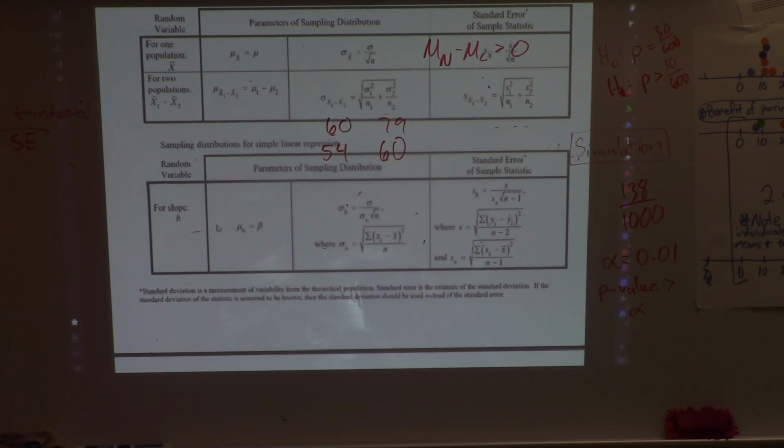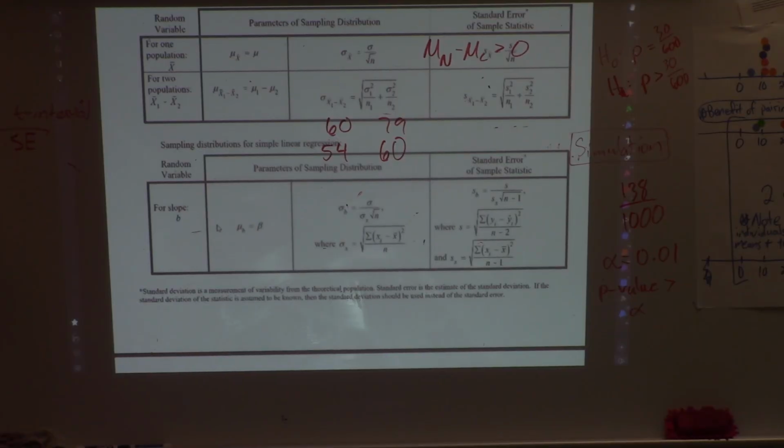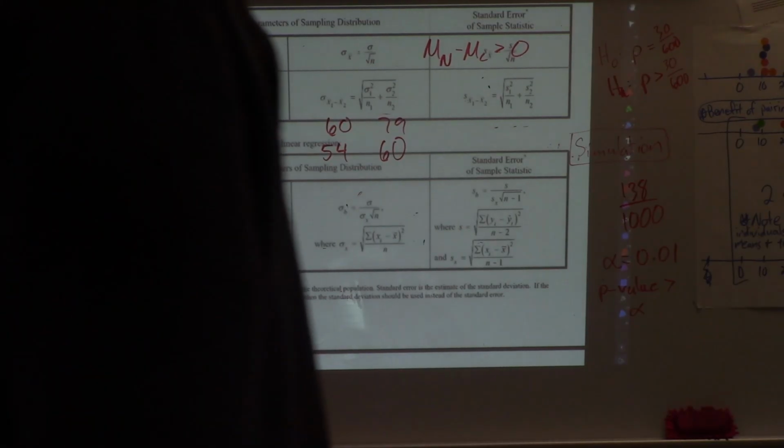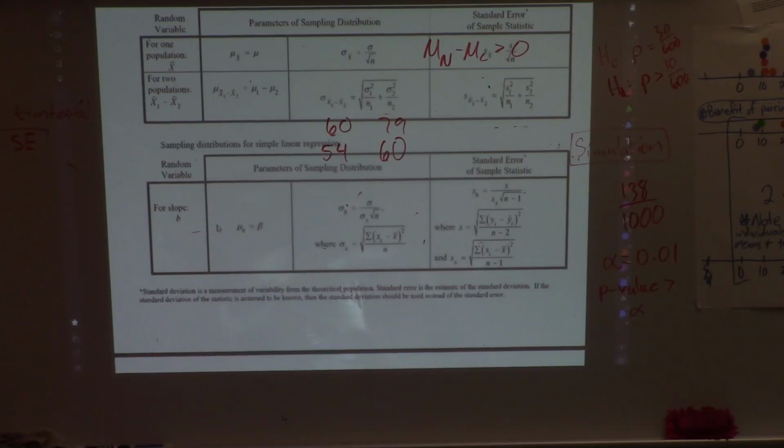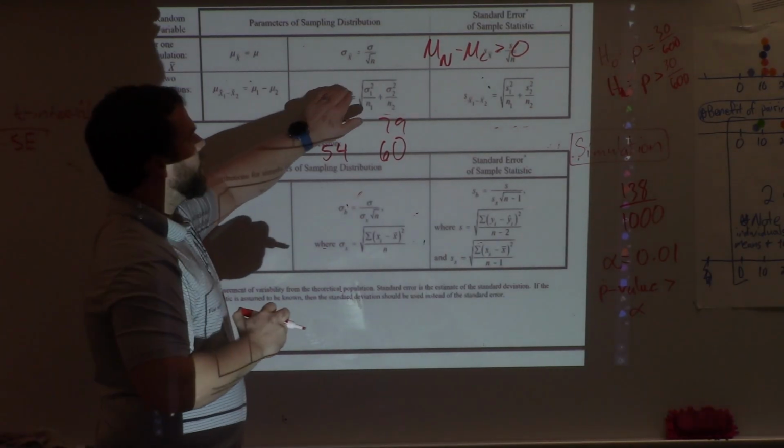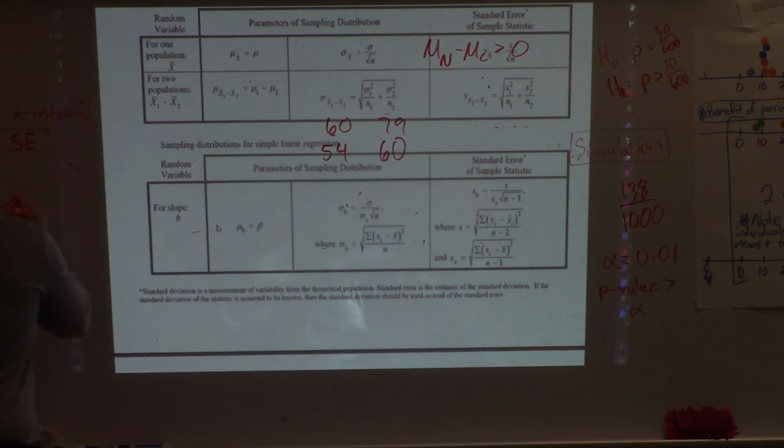X bar 1, or I guess new in this case, minus X bar of current, plus or minus, t star times, I would say, we got to move it to here, so it's the square root.